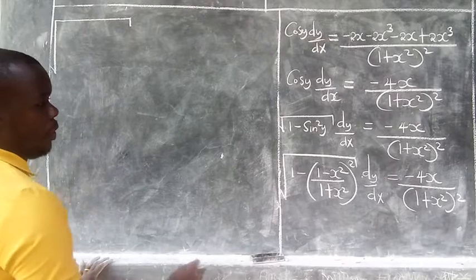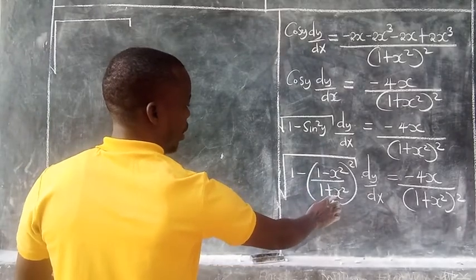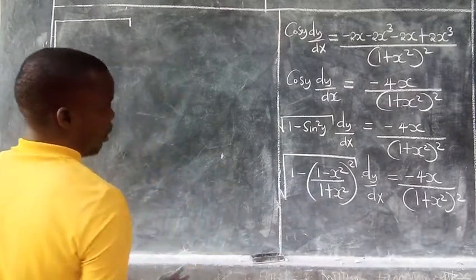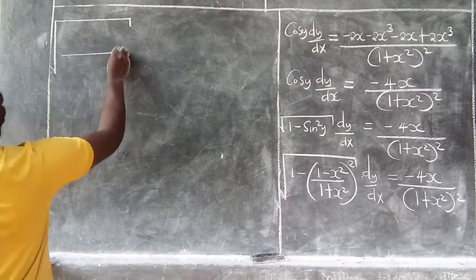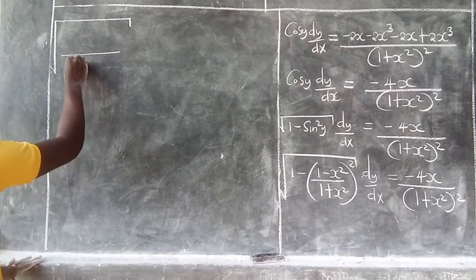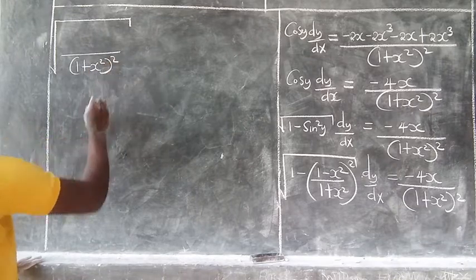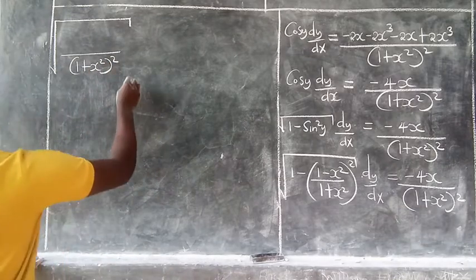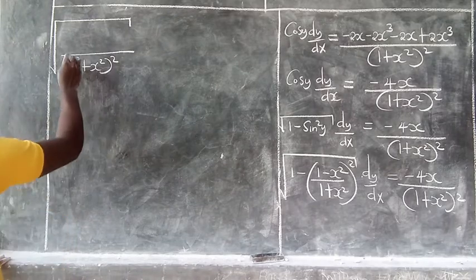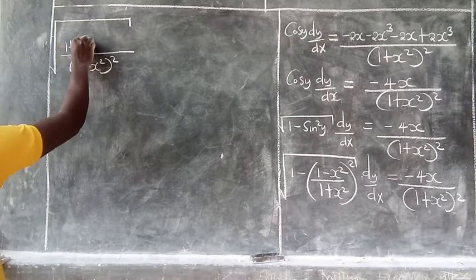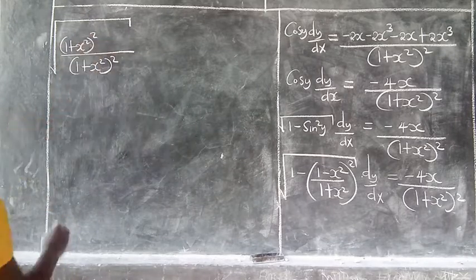Okay, so now we are going to have both the numerator and the denominator squared here, but that will give us the LCM as 1 plus x squared, but squared. Then it means we shall now have here 1 plus x squared, but squared again.